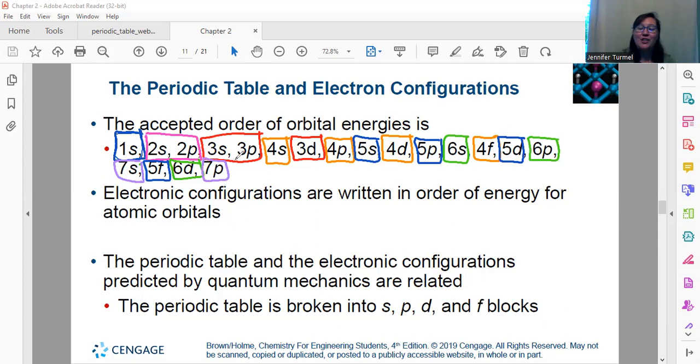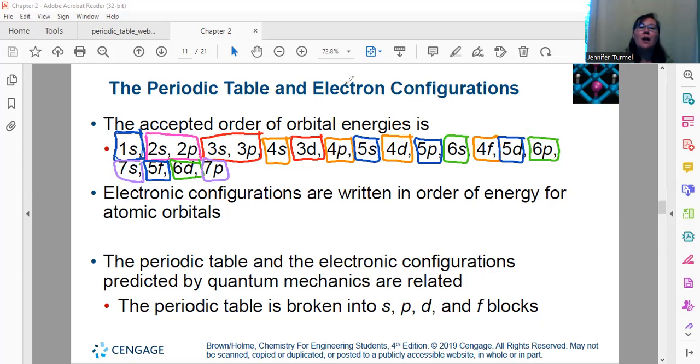If your question is, does that have to be in order on the test? Yes, it has to be in order on the test, and there's not really any partial credit on this. If you write it out of order, then you've basically written it out of order. It has to be in the right order for it to be correct. So don't get creative and write it in a different order, because this is the order of fill based on the lower energy levels.